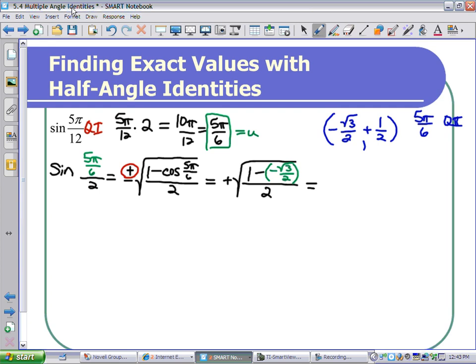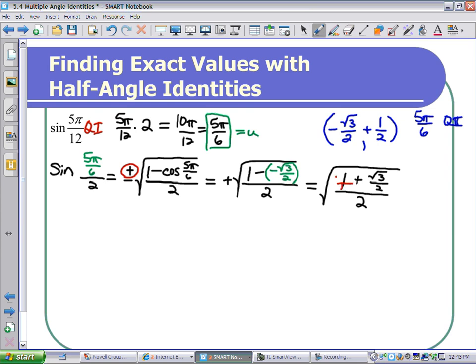Okay, I need to simplify this down a little bit. So I have 1 plus, because a negative times the negative, so I get 1 plus the square root of 3 over 2, all over 2. Well, I've got a fraction within a fraction here. If we look to first get common denominators in the numerator, this would look like 1 over 1.